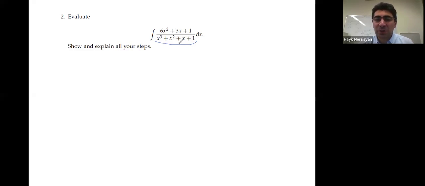So it is going to be divisible by x plus 1. We can write x squared (x plus 1) plus x plus 1 in our denominator, and immediately we will get (6x squared plus 3x plus 1) divided by (x plus 1) multiplied with (x squared plus 1).